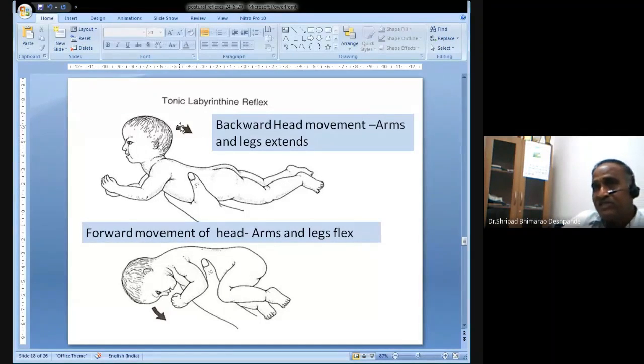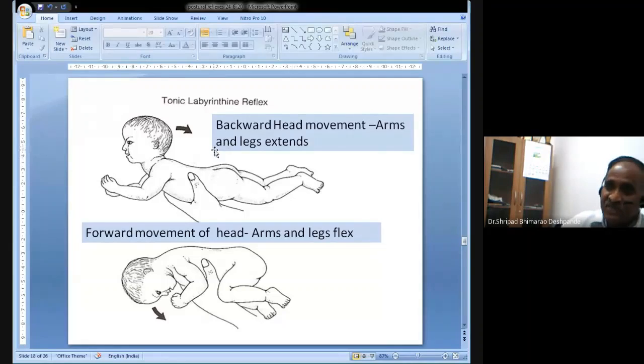Here the otolith organs are excited because it is trying to hold the neck up, and the gravitational pull on the otolith organs makes the extensor group of muscles activated, producing extension of the upper and lower extremities.